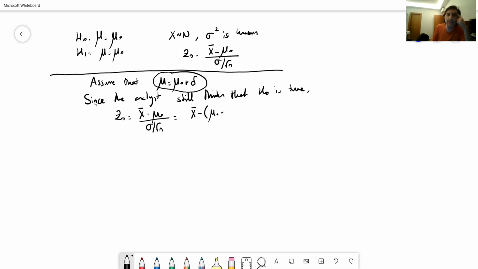So I put a delta term here, and I subtract also the same delta term. So this is going to be delta over standard deviation, and minus delta over standard deviation square root of n, the same term here. Note that it's still the very same value, but I added and subtracted the same value. Now call this Z1.